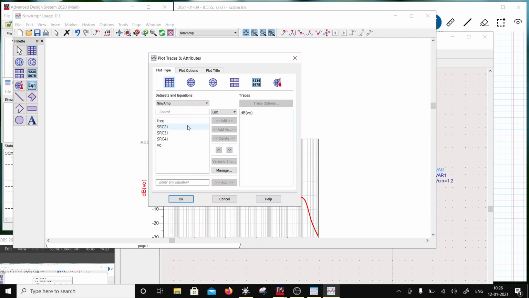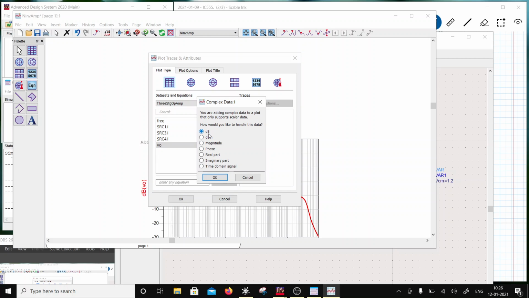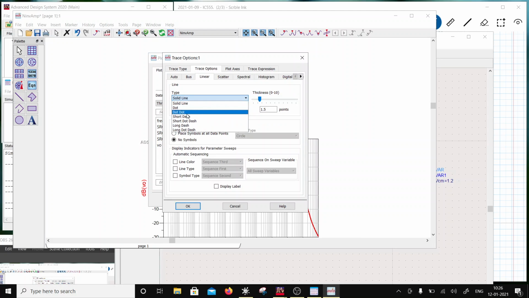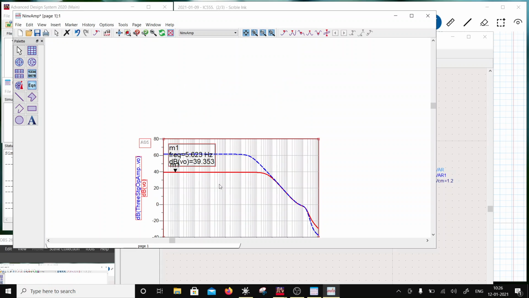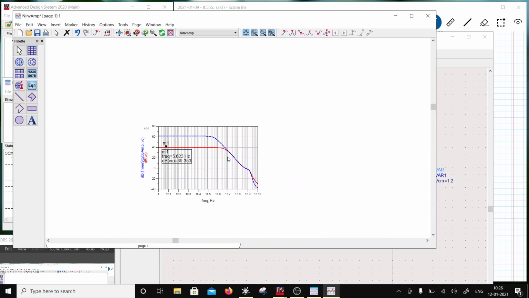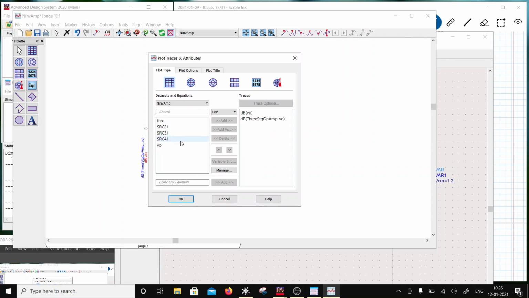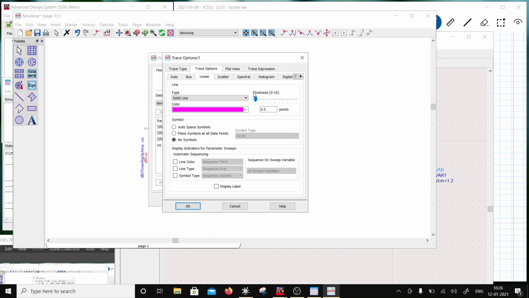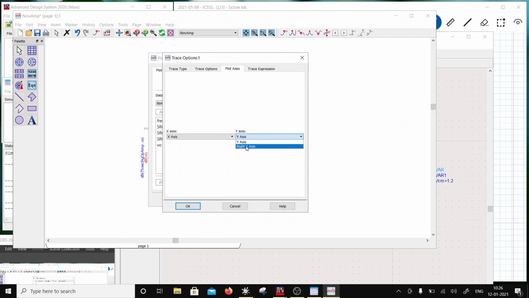And then I'll compare it to the open loop gain from here, and this one I'm going to do a dash. Okay, so this is the open loop gain, and let's plot the phase, and let's put the phase on the right hand side axis.